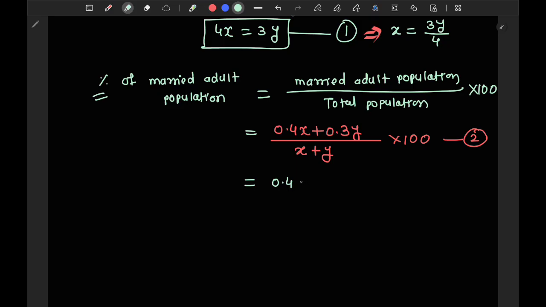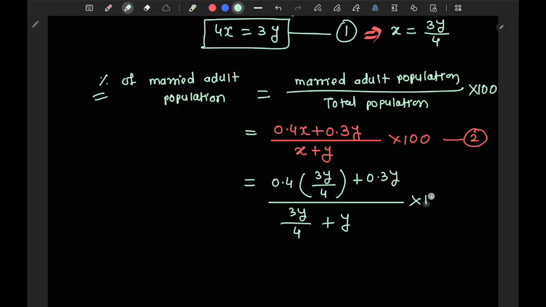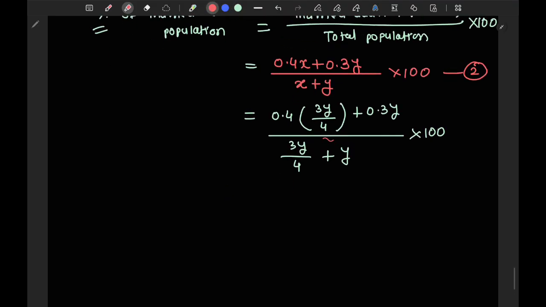Now I'll simply put x equals 3y divided by 4 in this equation. So 0.4, in brackets 3y divided by 4, plus 0.3y, divided by, again the value of x, 3y divided by 4, plus this y as it is, into 100. Now simplify this equation. First I'll remove y from everywhere, because it is getting cancelled.